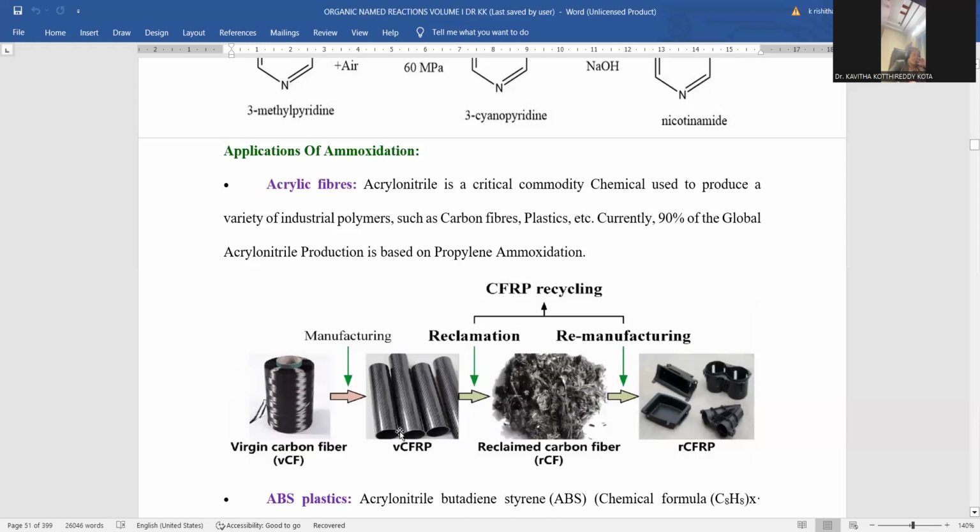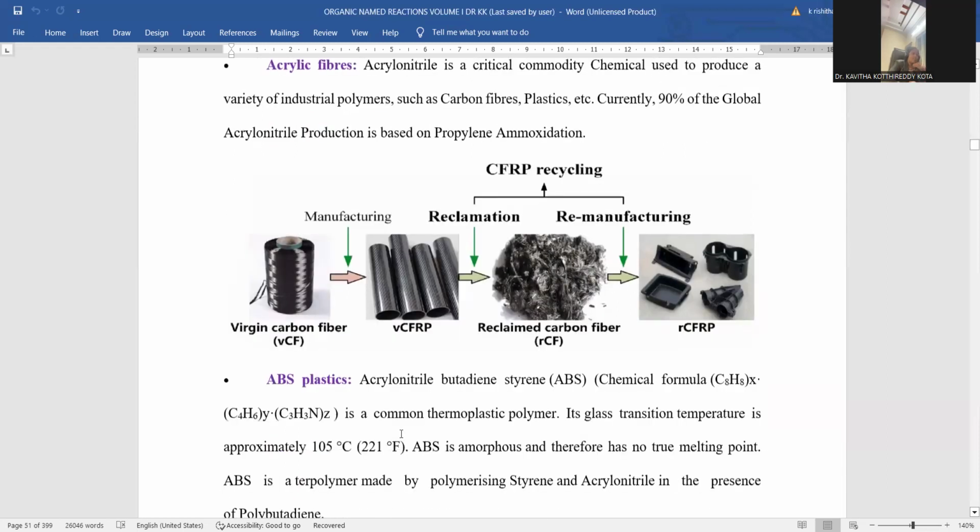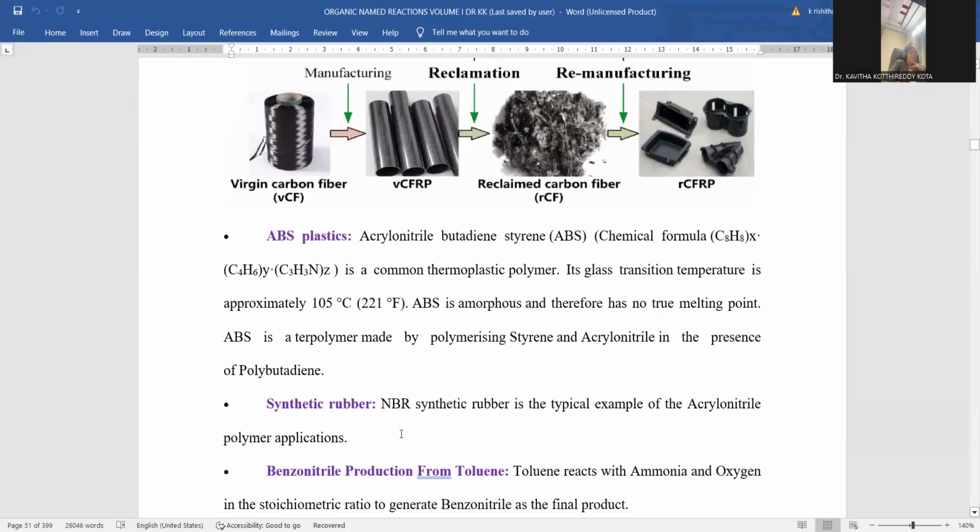Propylene ammoxidation is giving rise to this kind of product formation. ABS plastic, acrylonitrile butadiene styrene, chemical formula C8H8 taken in times, C4H6 taken in times, C3H3N taken in times, is a common thermoplastic polymer. So it is a thermoplastic polymer which is accomplished by the ammoxidation process only, and the glass transition temperature is 221 Fahrenheit, that is exactly 105 degrees centigrade.